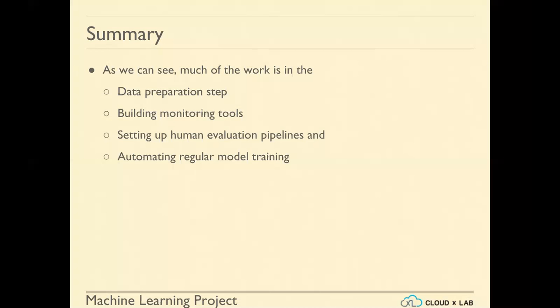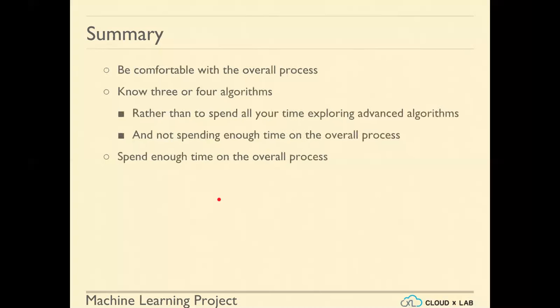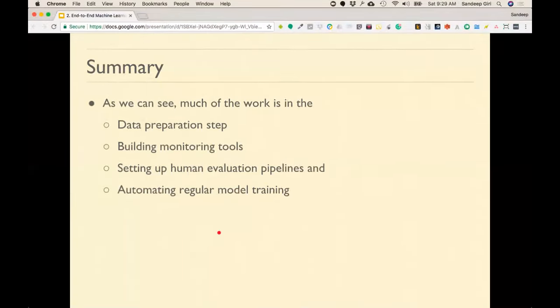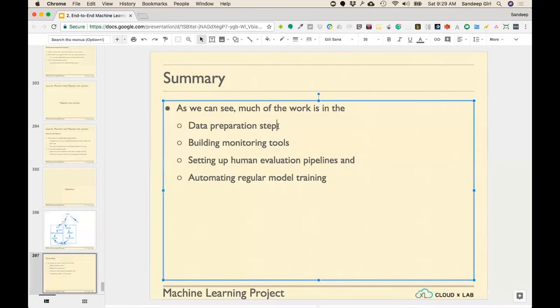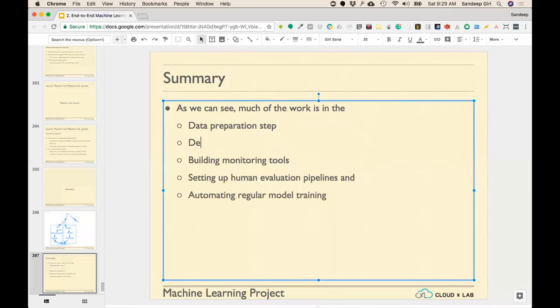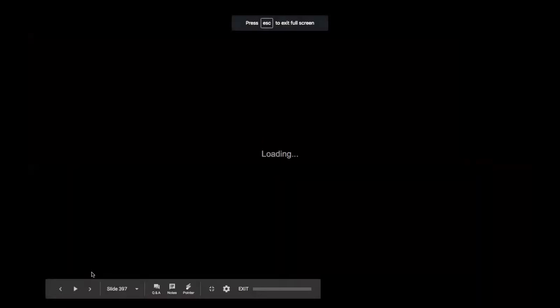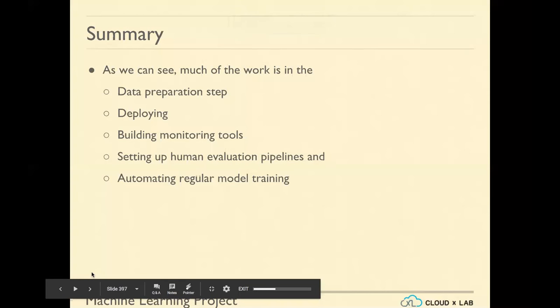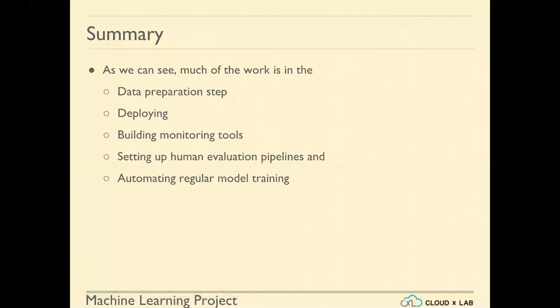And of course launching steps. Data preparation and deploying are two big steps in the whole process. Data preparation and deploying will take time, and these are the other things that need to be done.